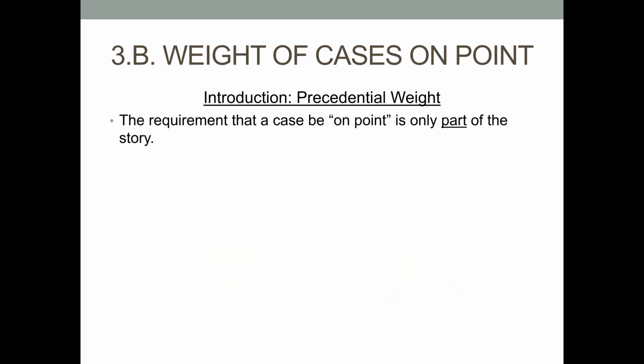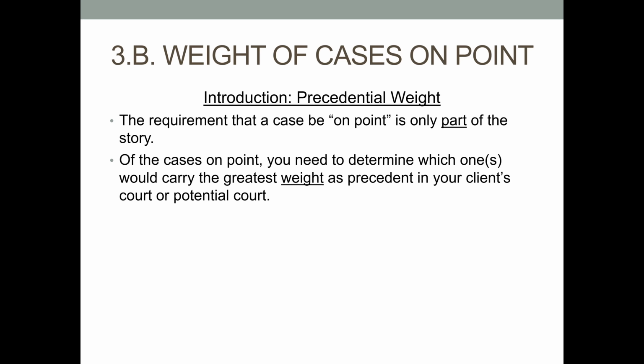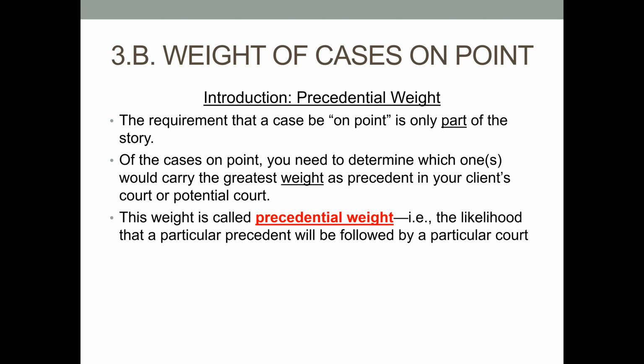So, in other words, determining that a case is on point is only part of the story. You need to determine then, of the cases on point that you found, which ones would carry the greatest weight as precedent in your client's court or potential court.